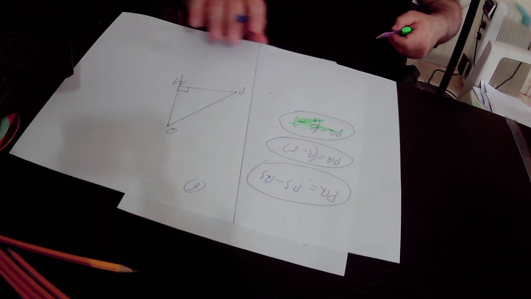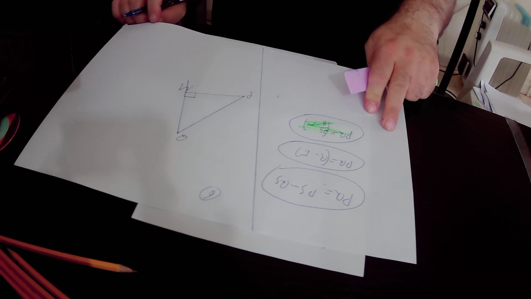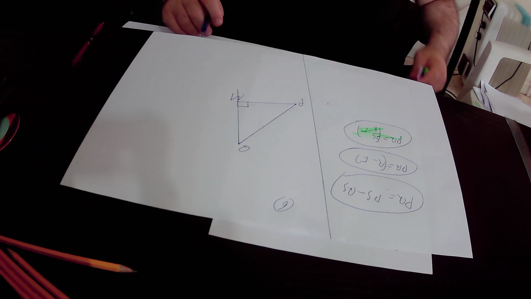So this is the right triangle QPM that I copied from the original drawing.